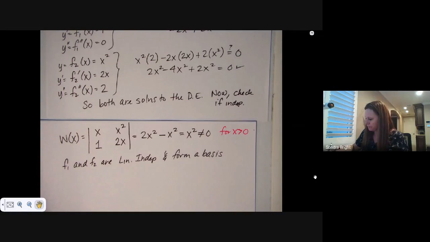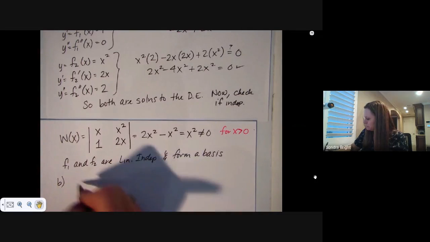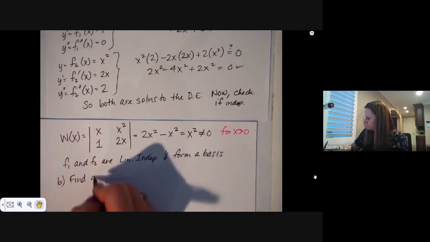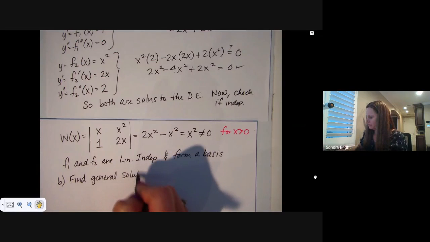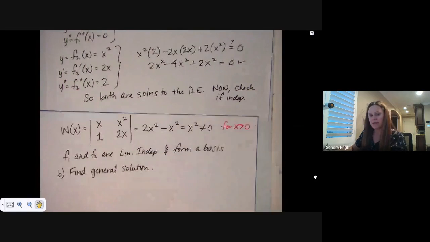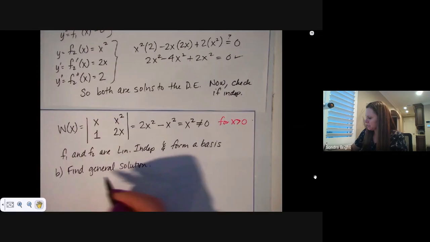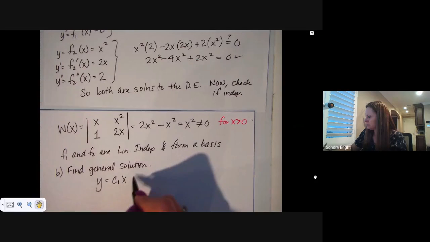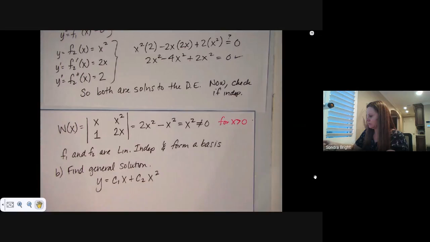Part B wants us to find the general solution. All right, so to find the general solution, you're just going to write that linear combination of these functions. It's y equals c1 times x plus c2 times x squared.